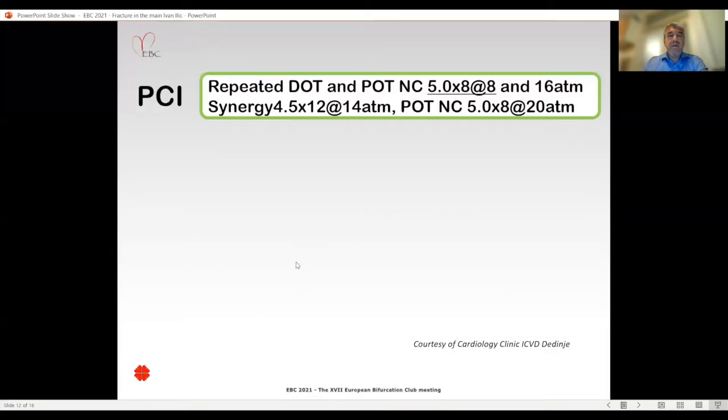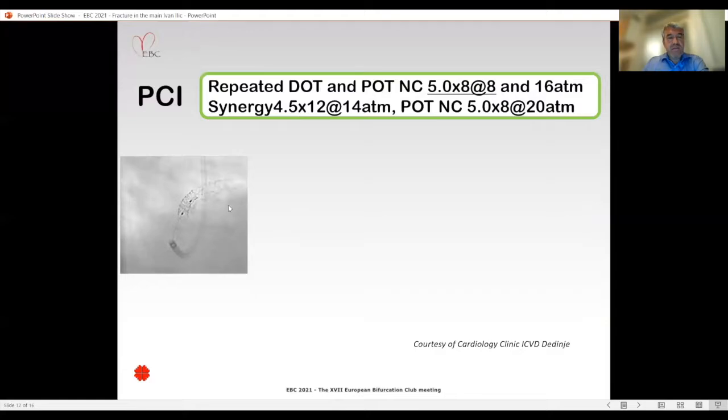We decided to repeat proximal optimization and also to do a distal optimization with a larger non-compliant balloon, and then implanted a short, large diameter Synergy 4.5 stent only in the proximal, in the left main, and then repeated POT with a 5.0 NC balloon.